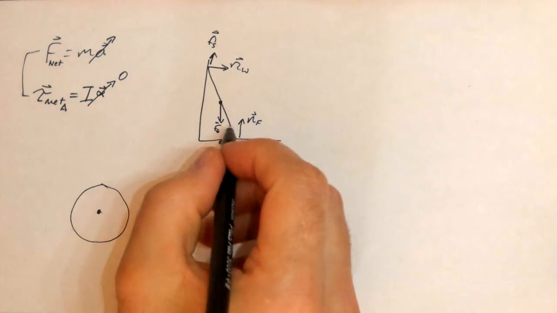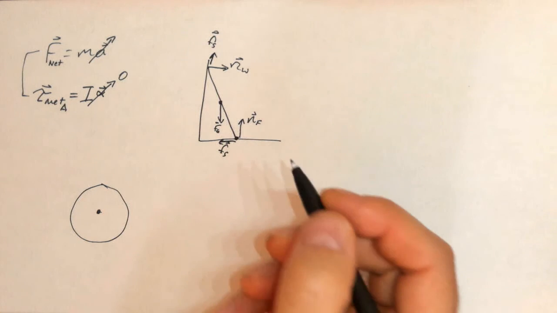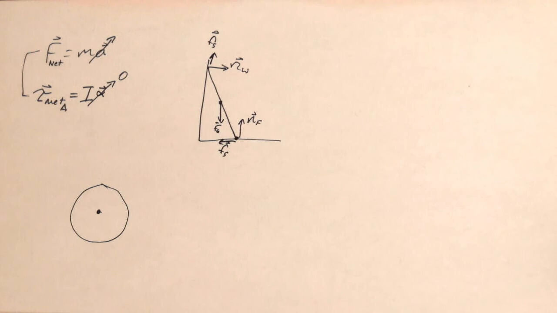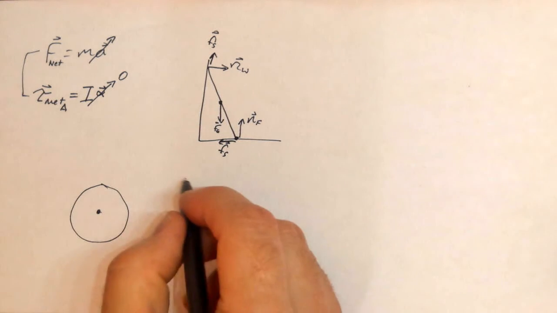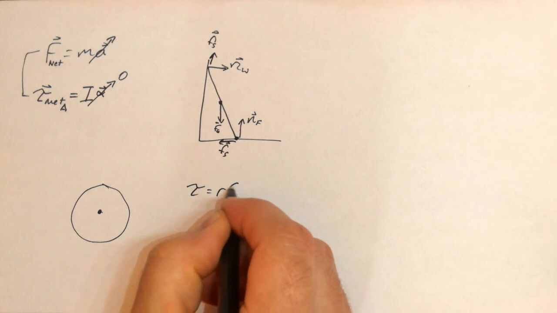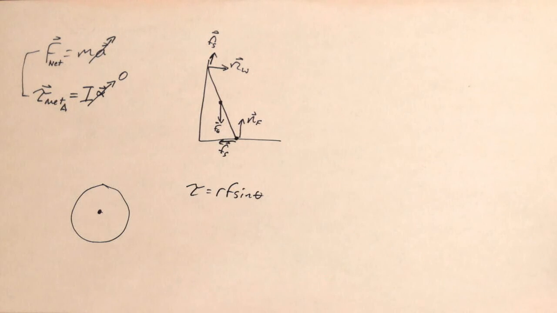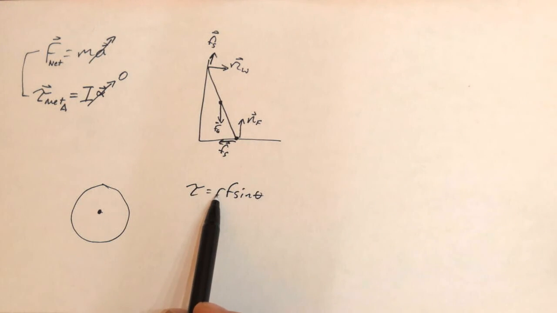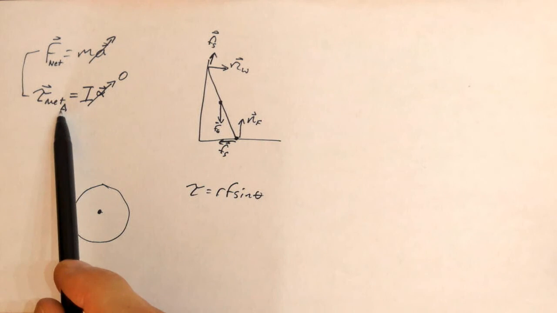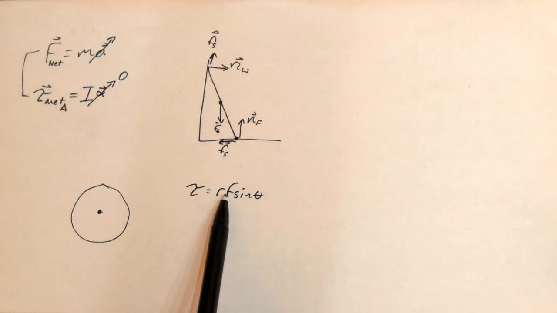So I could pick the base of the ladder to be my point of reference. And if I do, and I consider the net torques, remembering that torque is RF sine of theta in its basic form, well, R is the distance from the reference point to where the force is being applied.